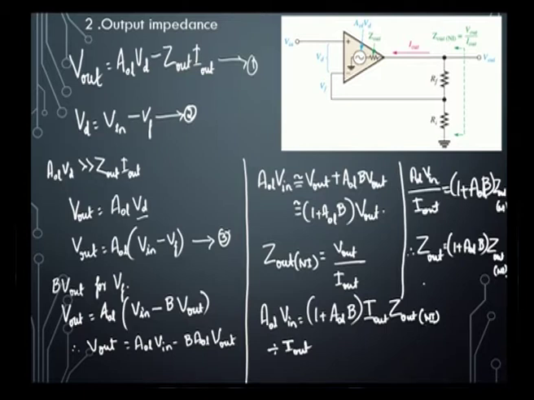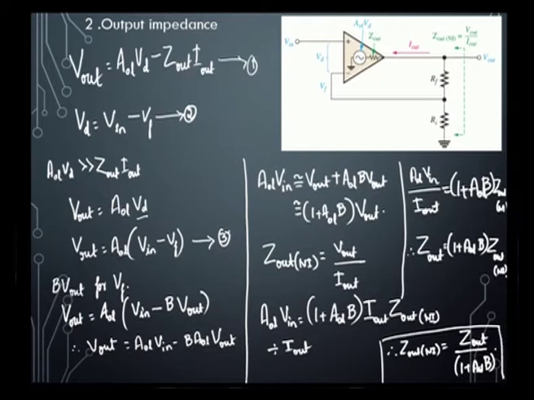So, finally, we got the expression for the output impedance of a non-inverting amplifier: Z out, the internal output impedance, divided by AOL into B.